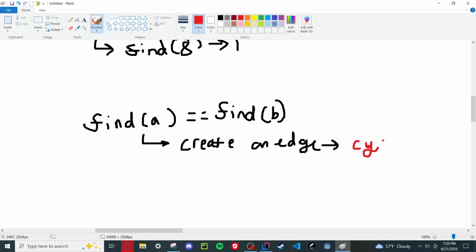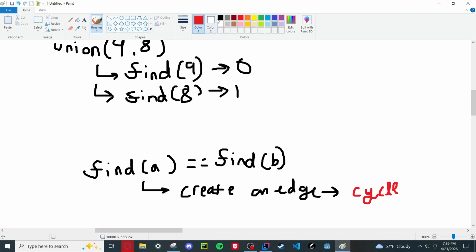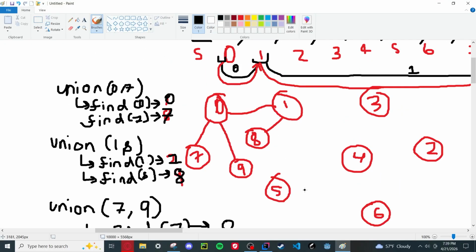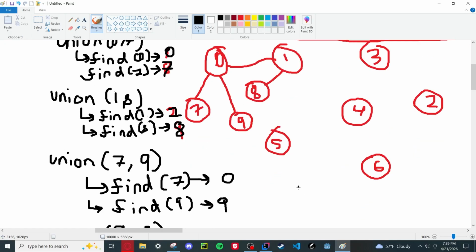This is guaranteed. If find of A is equal to find of B and we try to do union, it won't affect our code anywhere, right? If we just try to create an edge, essentially, we'll get a cycle, right? Right here, 9 and 8 both point back to 0. If I try to make an edge between them, now we have a cycle of these elements.